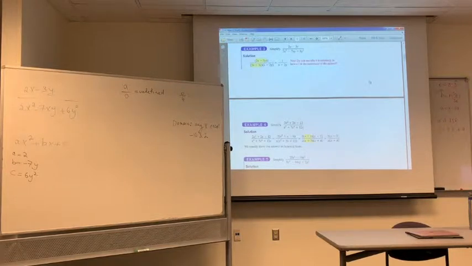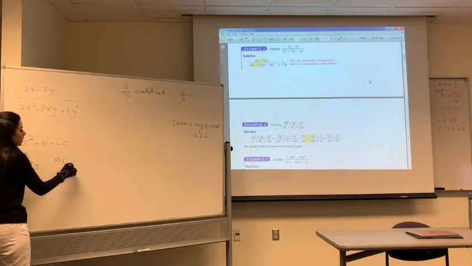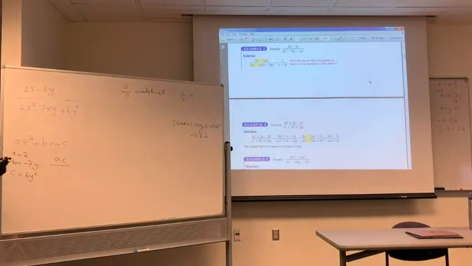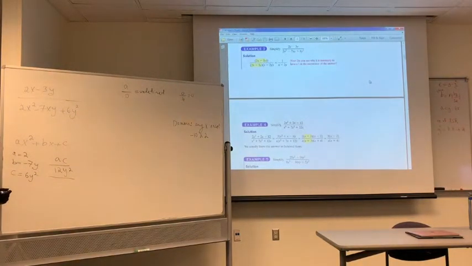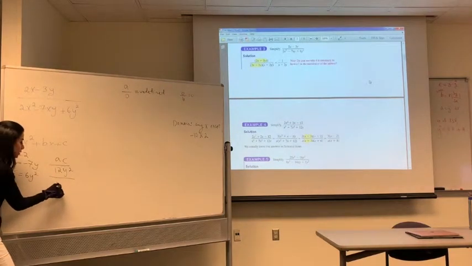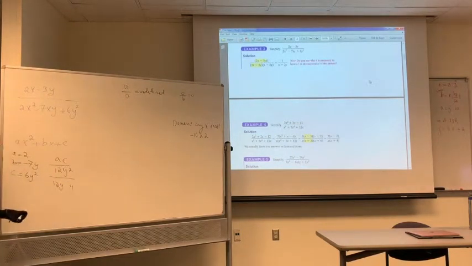Correct? So now we will find AC, which means A multiplied by C, which is 2 multiplied by 6y squared, 12y squared. Correct? Now we will write down the list of factors that multiply together to give 12y squared. For example, 12y multiplied by y gives 12y squared, right?